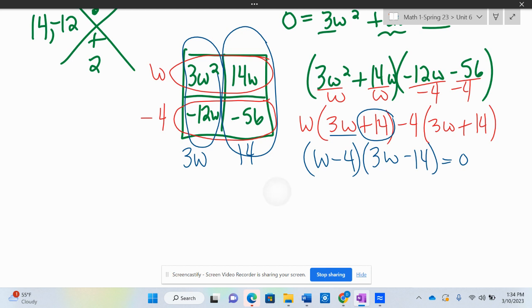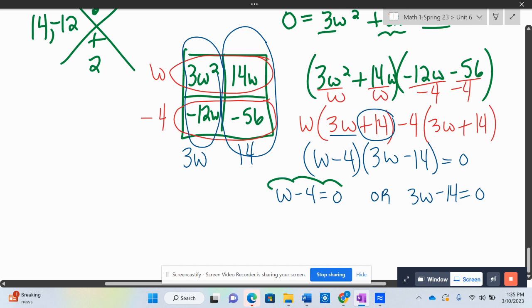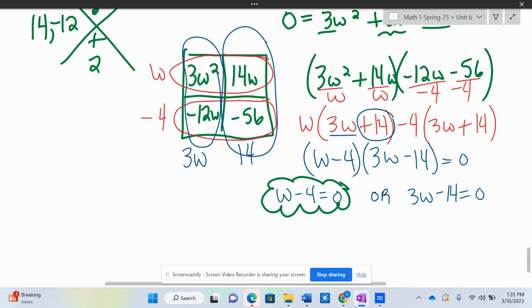That means that W minus 4 equals 0 or 3W minus 14 equals 0.